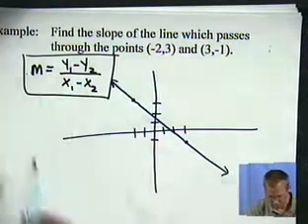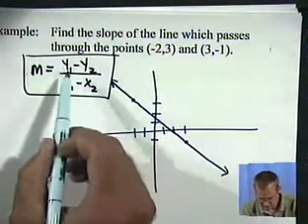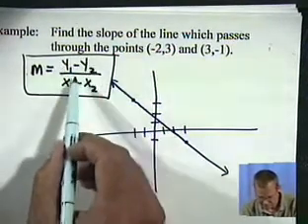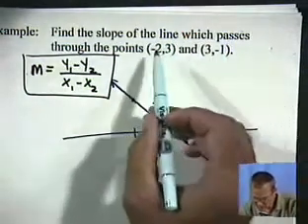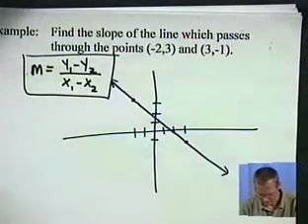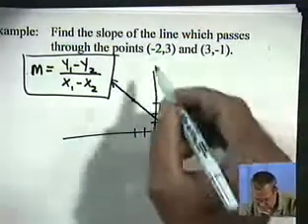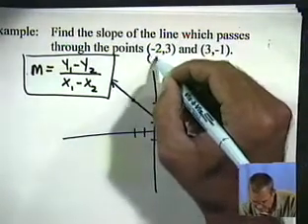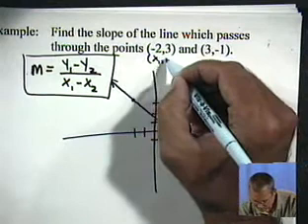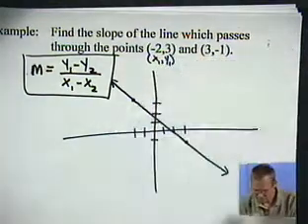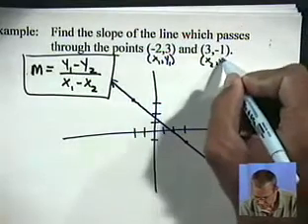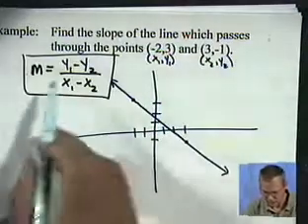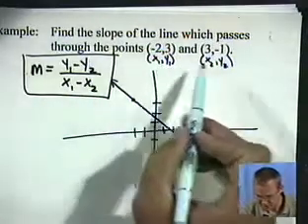Well, here's our formula. We just simply take the difference in the y values divided by the difference in the x values. So let's go up to our points here and arbitrarily label them. Since this is our first point, I'll label that x1 and y1. My second point, I'll label x2 and y2. My formula for slope says that I take the difference in the y values.